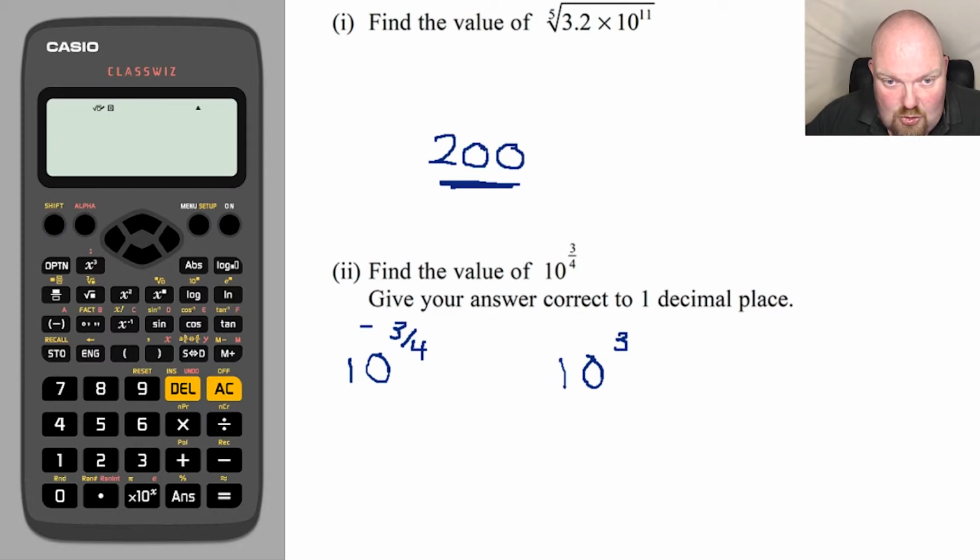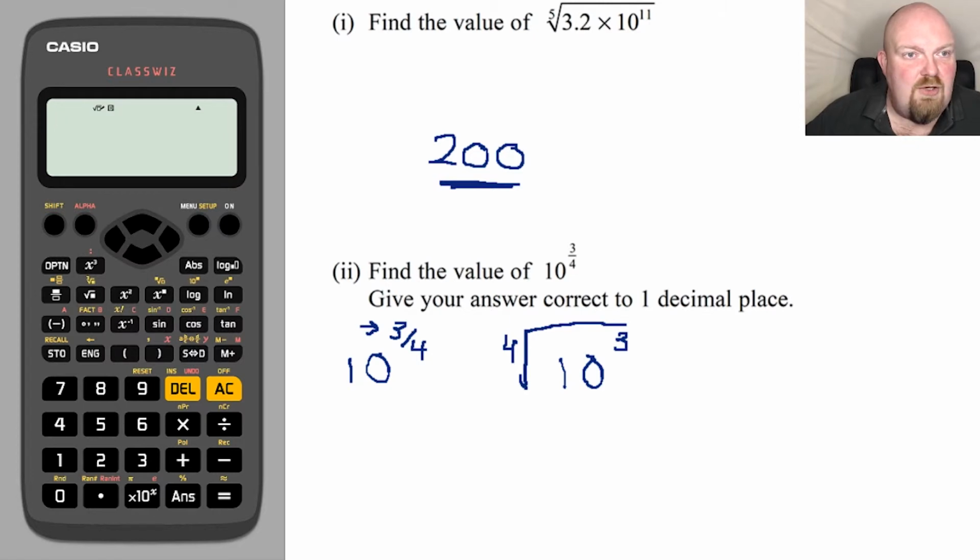So that's this bit, the numerator of the fraction. The denominator, if you remember, or if you didn't know, then this will be something new for you, the denominator in any index number is the degree of the root. So this is going to be the fourth root of 10 cubed, okay?